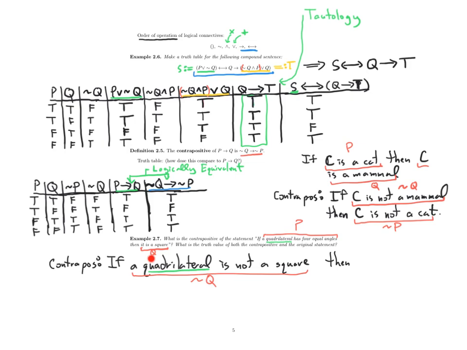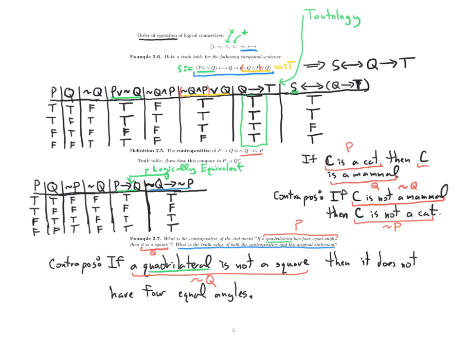So here's our P, here's our Q, here's our not Q. So our not P is going to be, then it does not have 4 equal angles.